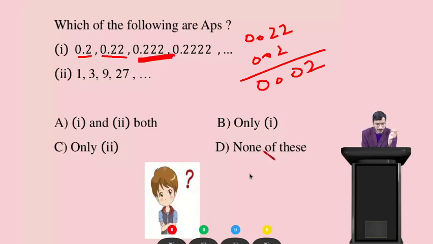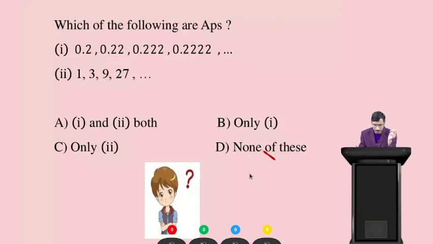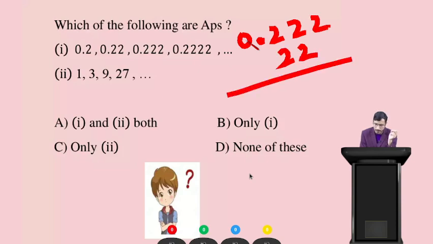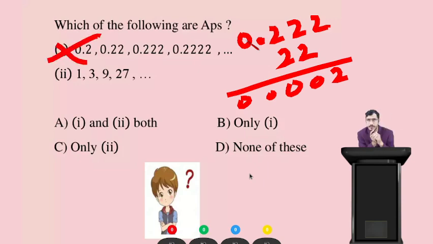Then third term minus second term, 0.222 minus 0.22, that is 0.002. You can see the differences are different. The common difference is not the same in the first one, so it's not an AP.